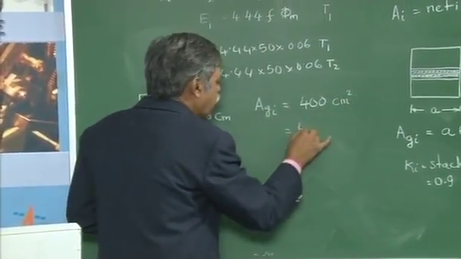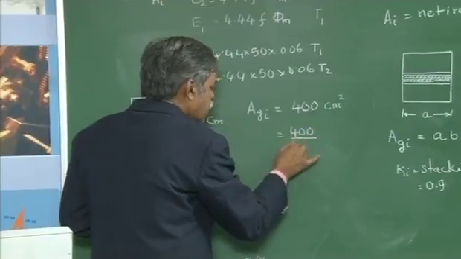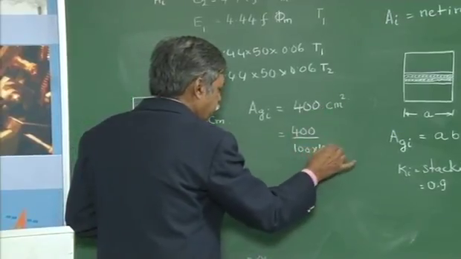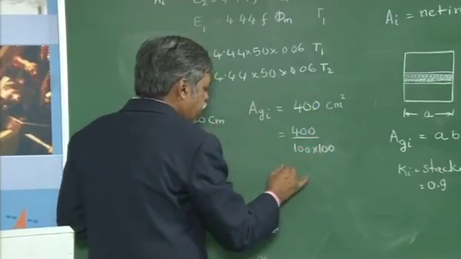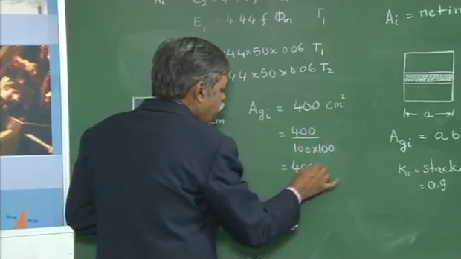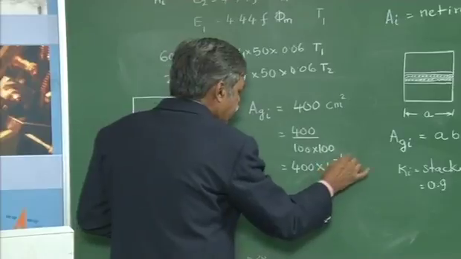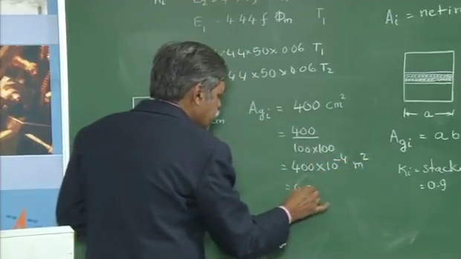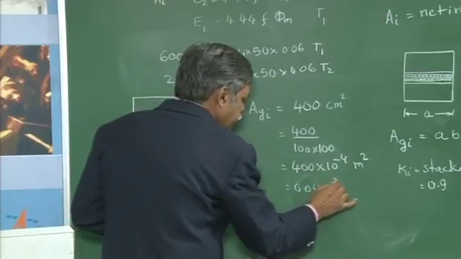So this should be converted to meters. Once I divide by 100, 1 centimeter gets converted to meters, or I can also write 400 into 10 to the power of minus 4 meter square, or 0.04 meter square.